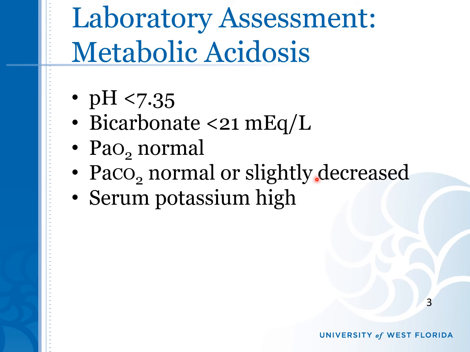Now, this is kind of interesting, your serum potassium. When you have acidosis, regardless if it's metabolic or respiratory, your potassium's going to go up. That happens when the body recognizes all of these hydrogen ions inside the bloodstream, and so it naturally will kick out the potassium that lives inside the cells into the bloodstream, and it will absorb the hydrogen ion.